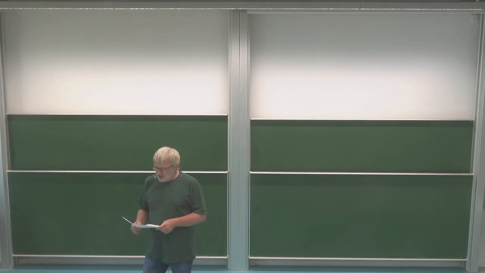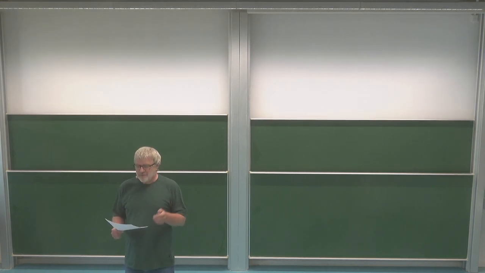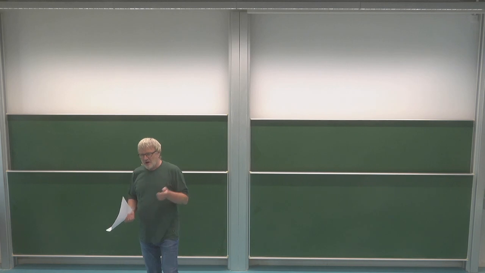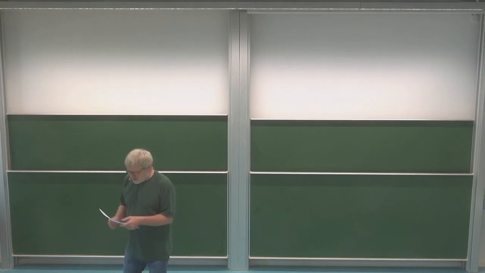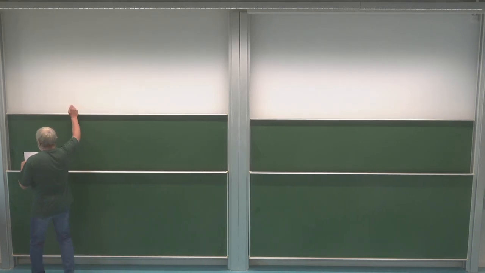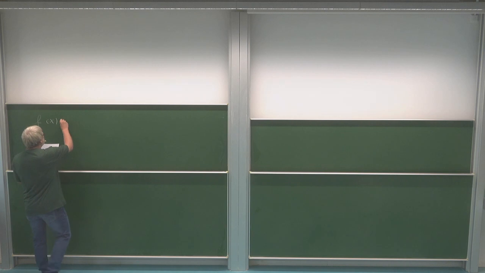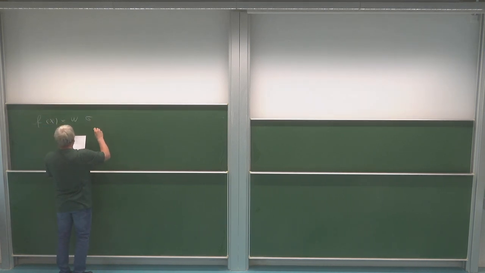Now we want to go one step, or one layer, beyond linear regression, and we consider our one hidden layer neural network. This is a function given by multiplying w with sigma of w1 divided by square root p times x.